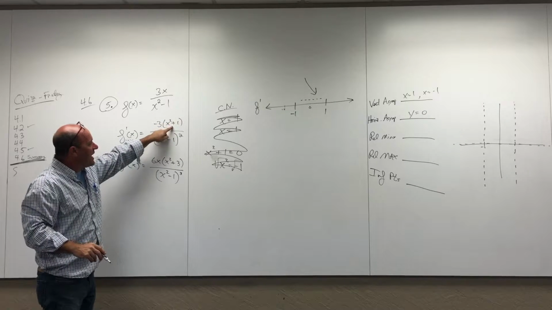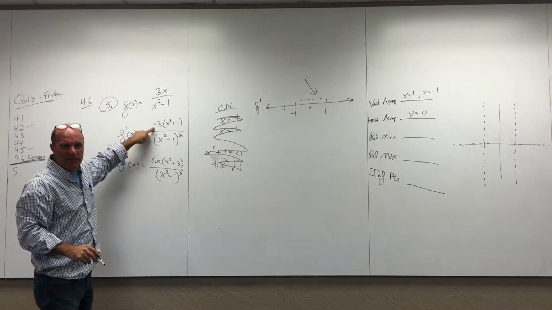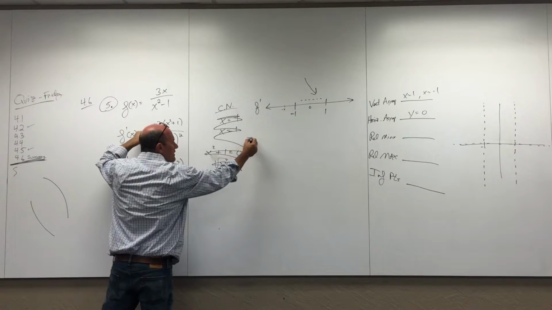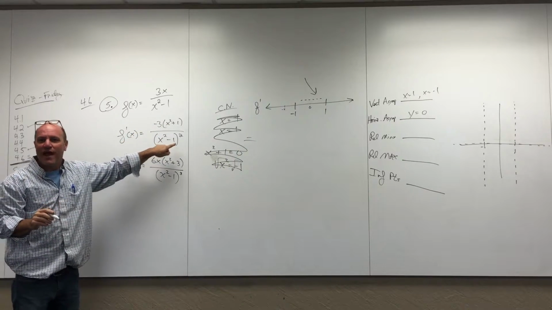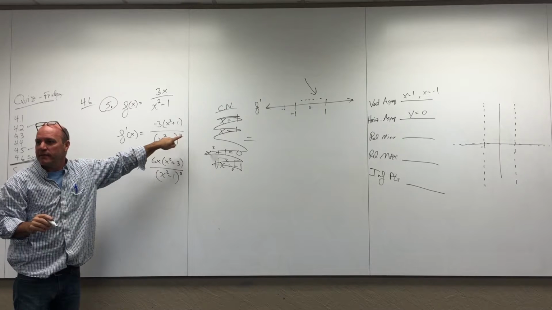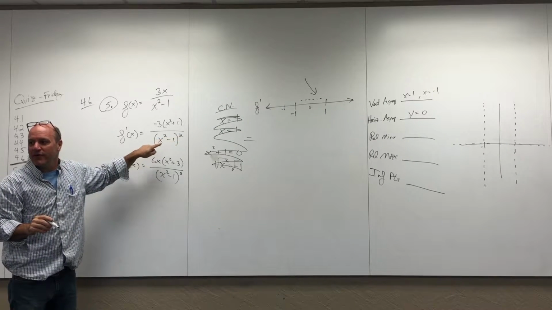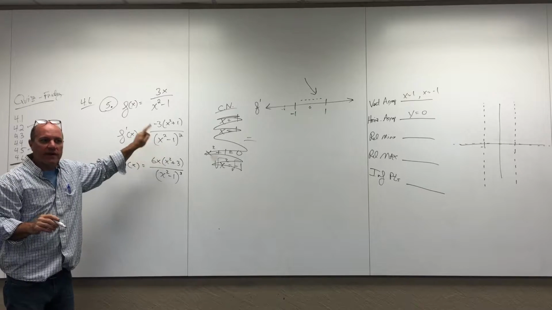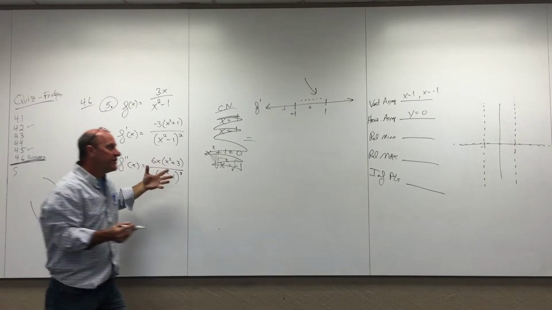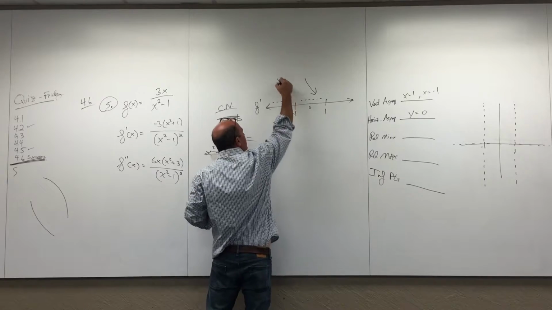I think that's positive, but multiplied by a negative is negative. Negative over, you know what? Whatever you do down here, you're squaring it. It's positive. So a negative over a positive is negative, so this is decreasing.